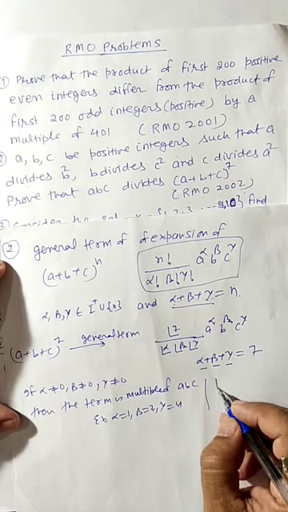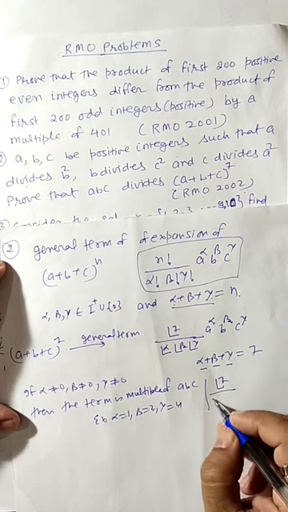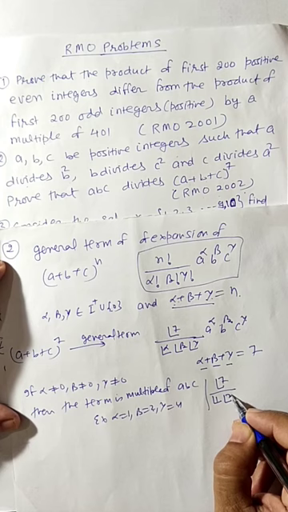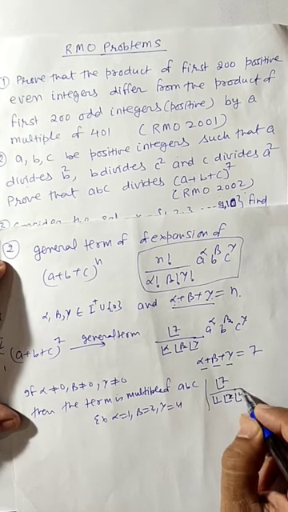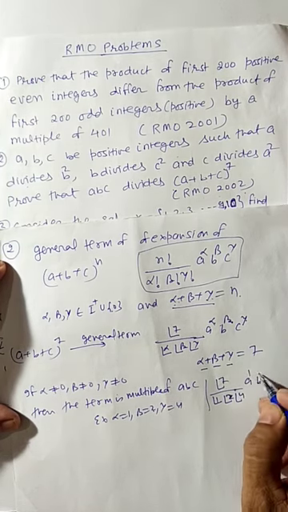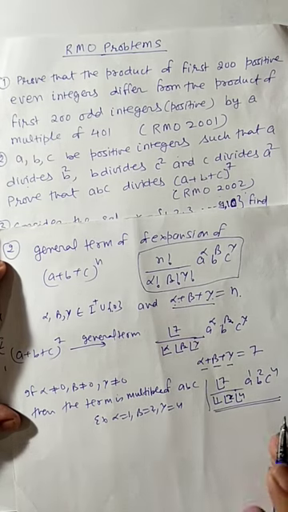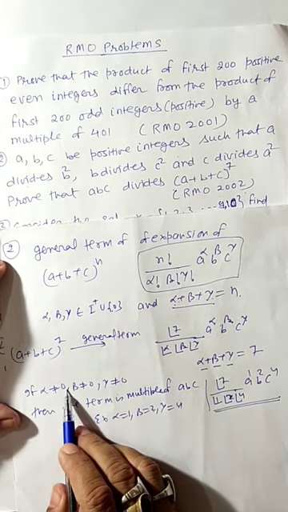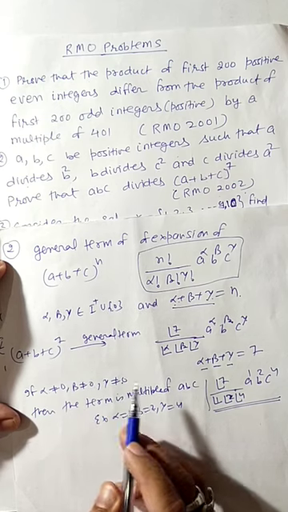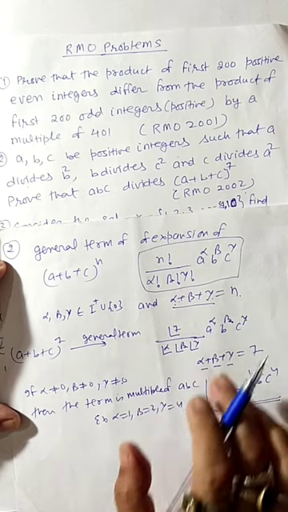So your term is 7 factorial divided by 1 factorial, 2 factorial and 4 factorial, times a^1, b^2, c^4. This is divisible by abc. So all the terms where none of alpha, beta and gamma is 0 will be divisible by abc.